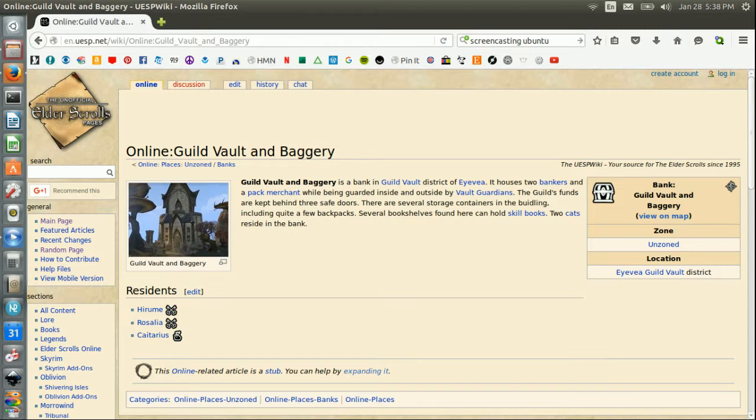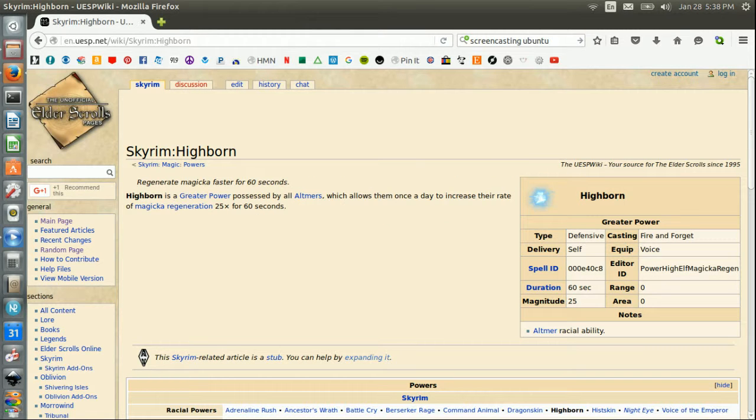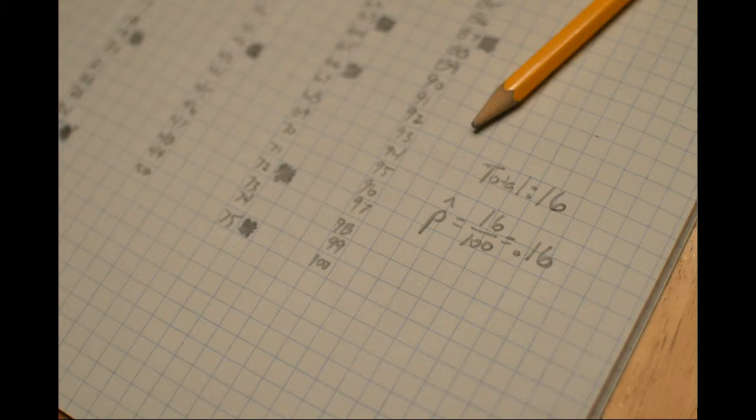So now that it's all said and done, I've taken my sample of 100, and 16 of the pages were about Skyrim. So my sample proportion, my point estimate, is 16 over 100, which is 0.16. So what I want to do is calculate a confidence interval around that estimate.